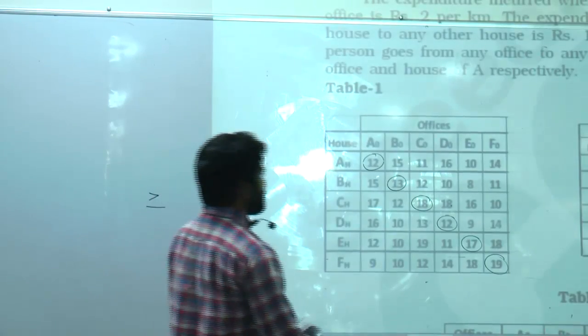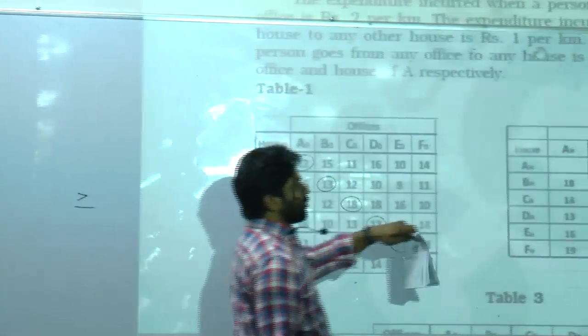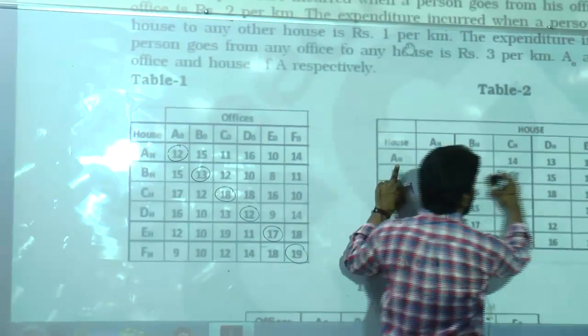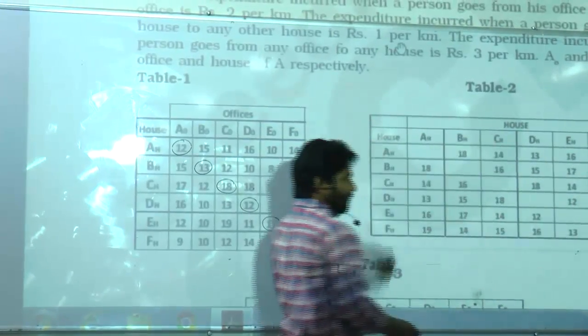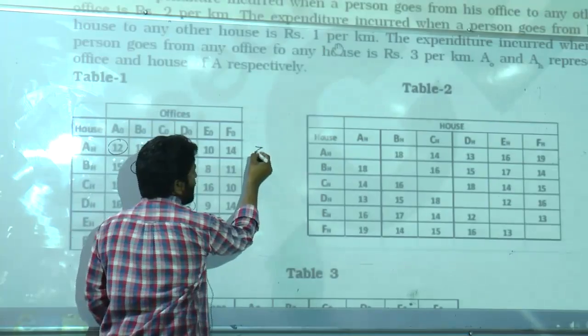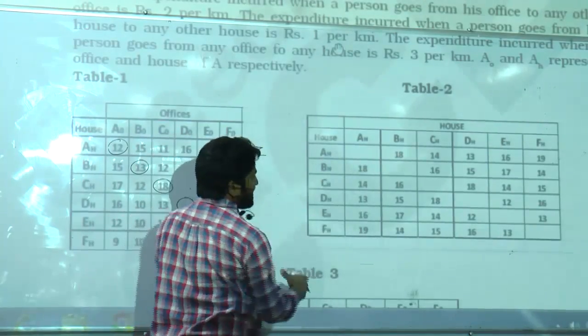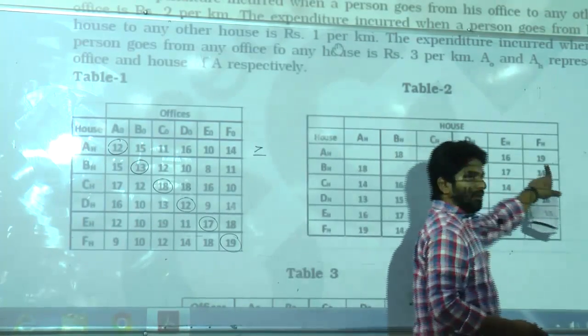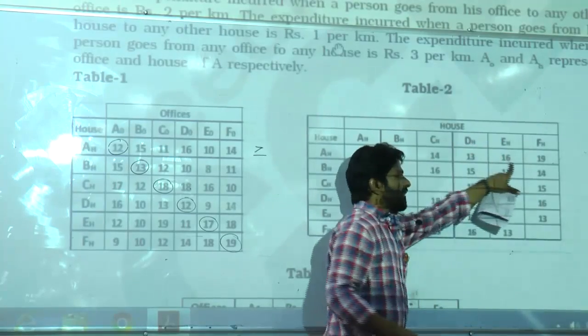Right. So 12 from A house to other friends' houses. Is 12 more than or equal to these values?